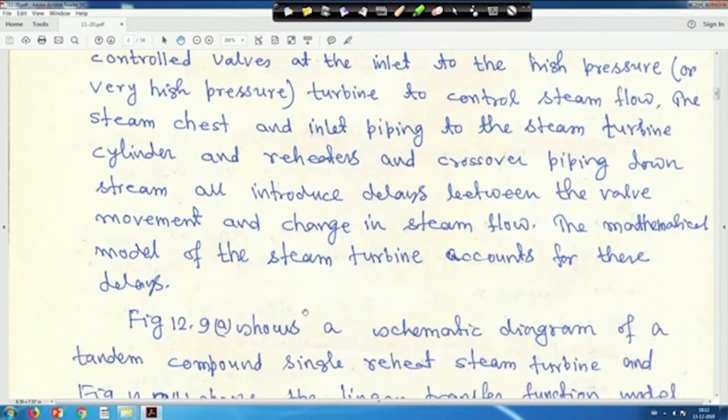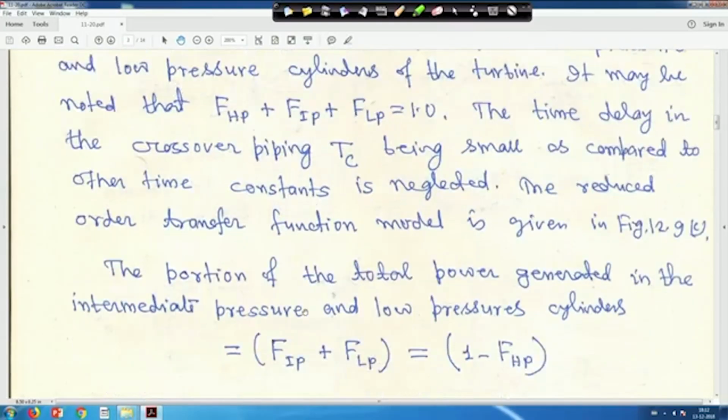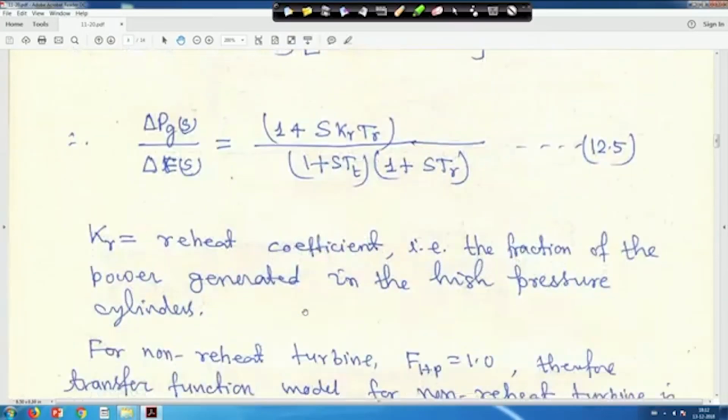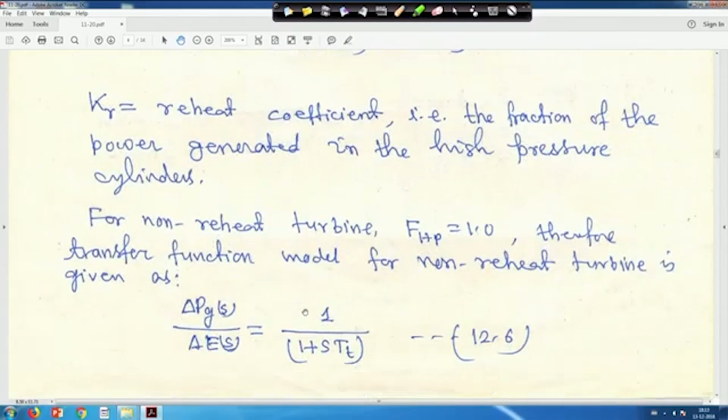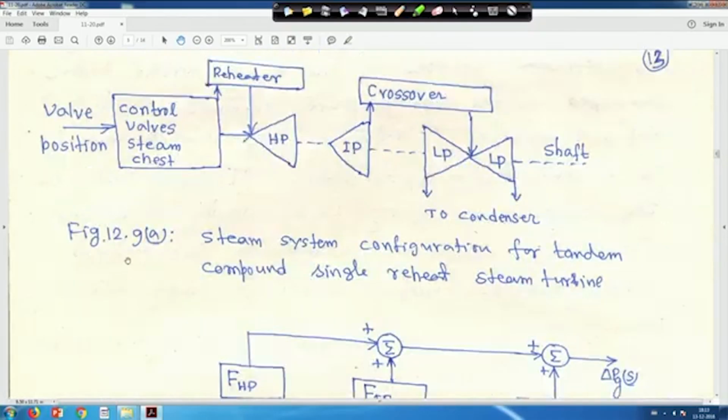So, now figure 9, before coming to this, I will go to figure 9 first, then we will be coming back to that, right. So, when you see figure 9, it is your tandem compound steam turbine. So, valve position like this, the control valve, steam chest.